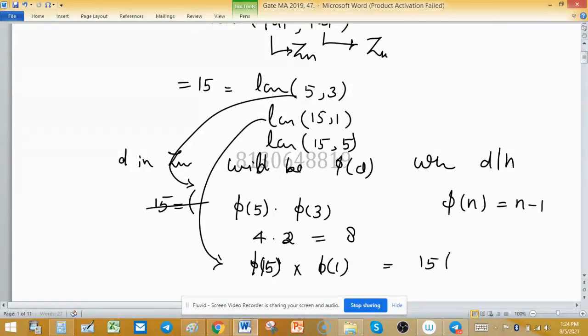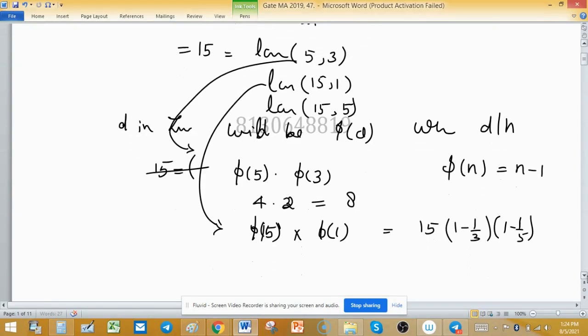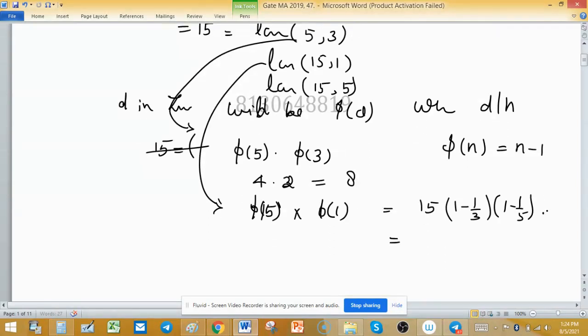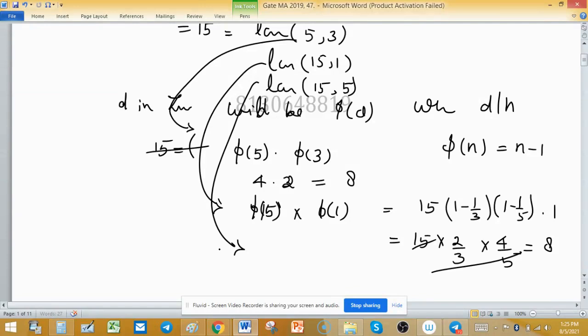The second case is phi(15) times phi(1). The value of phi(15) can be found as 15 times (1 minus 1/3) times (1 minus 1/5), so 15 times 2/3 times 4/5, which cancels out, giving 8, and the value of phi(1) is 1. Again we have 8. The last case is when the orders are (15, 5): phi(15) times phi(5), the same as phi(15), which is 8, and phi(5) is 4.